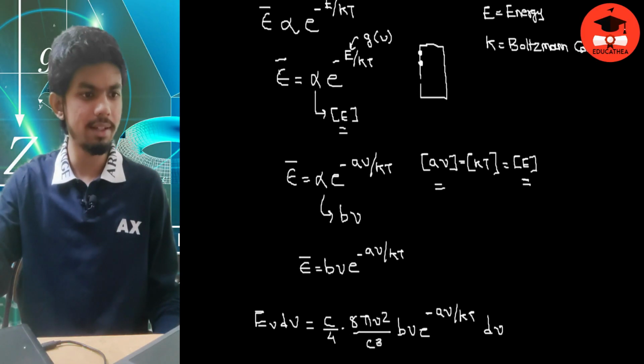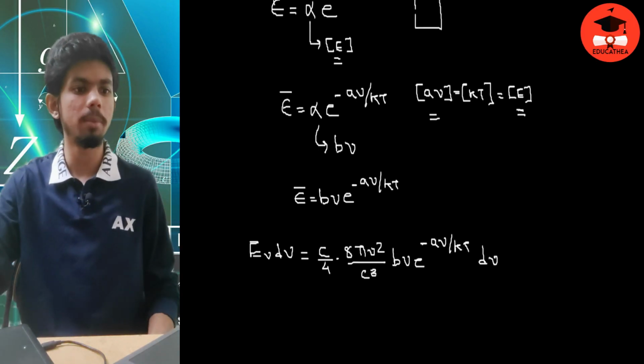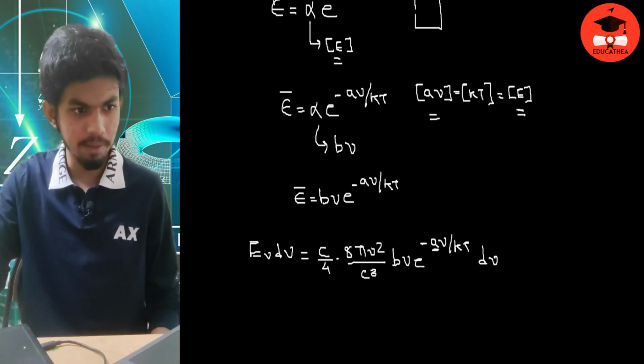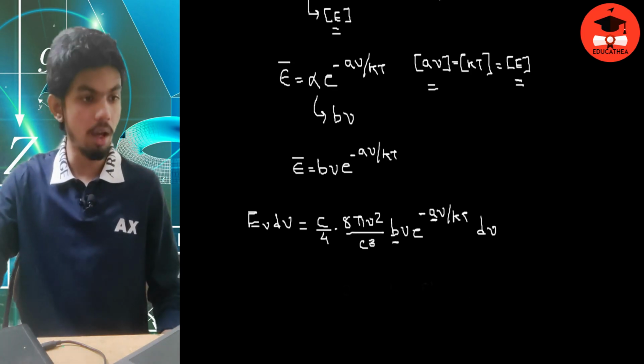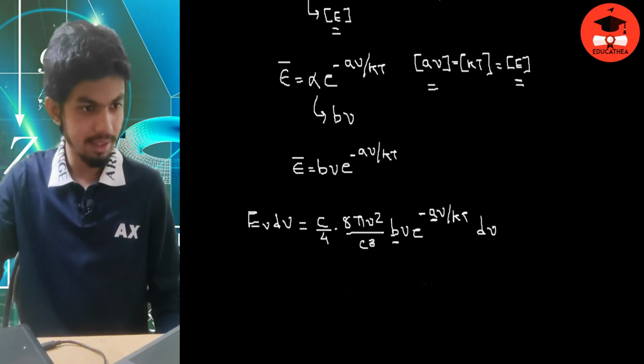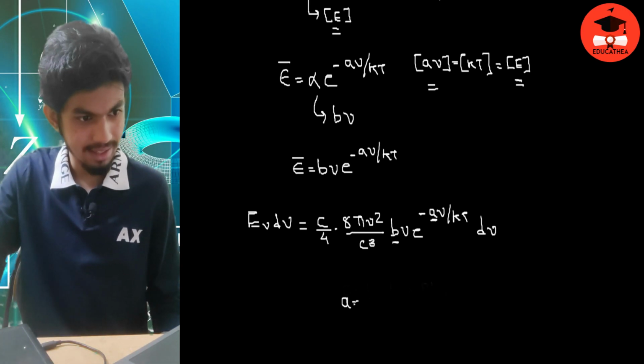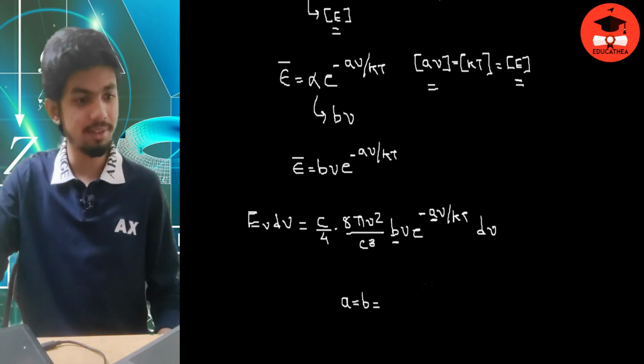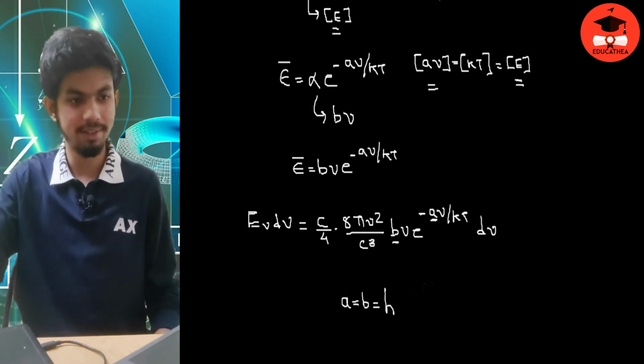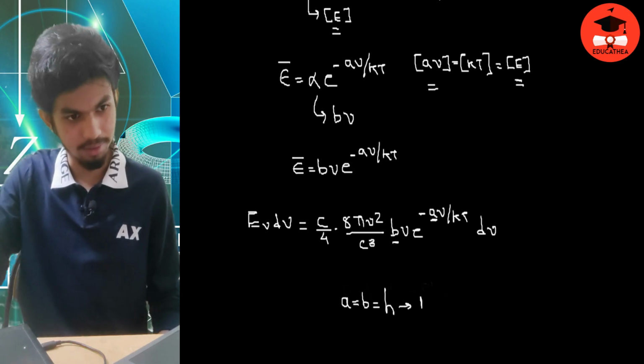Now, when Wien calculated this, he was not really sure about what these constants a and b are. Later on, when Planck gave his own calculation, it was proven to the physics community that a and b are basically the same constant, called Planck's constant h.